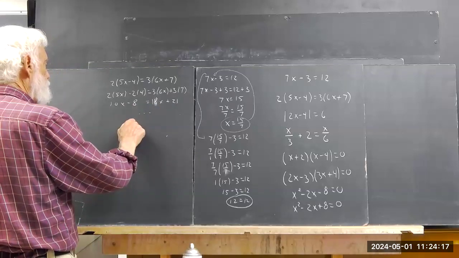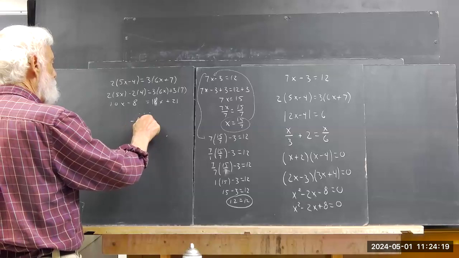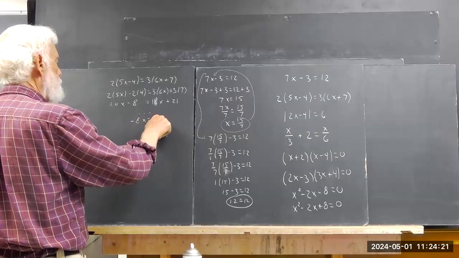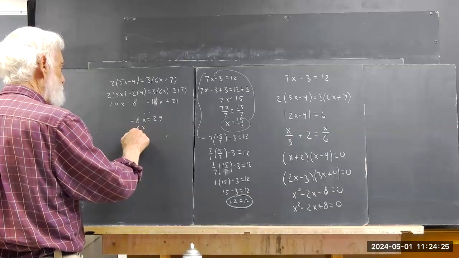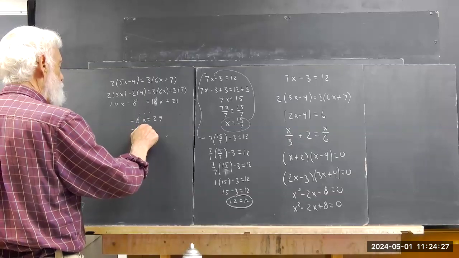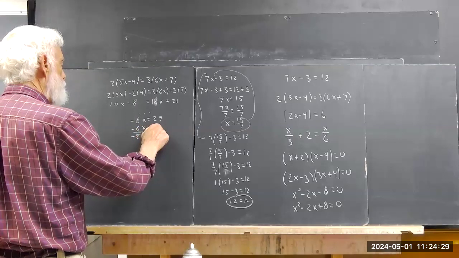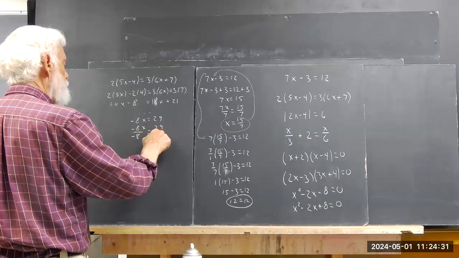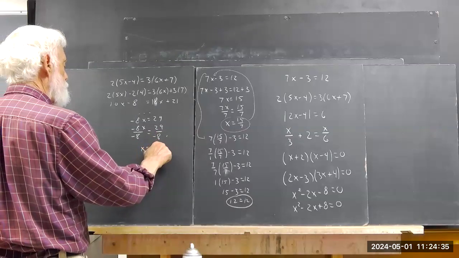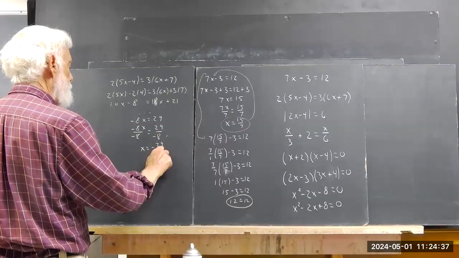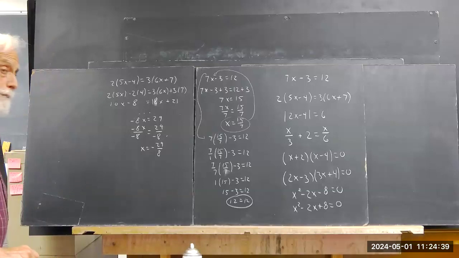And you get negative 8x equals 29. You divide both sides by negative 8. And you get x equals negative 29 over 8.